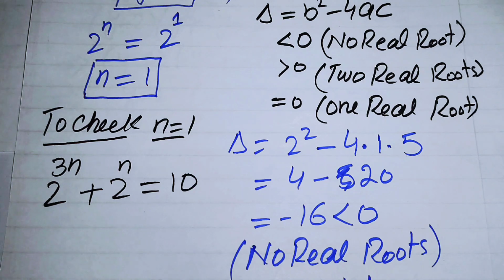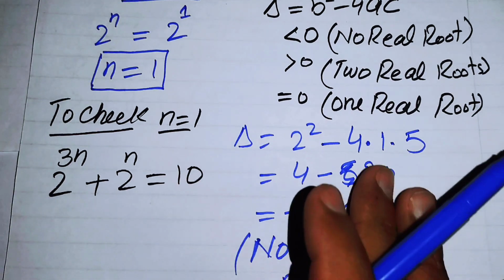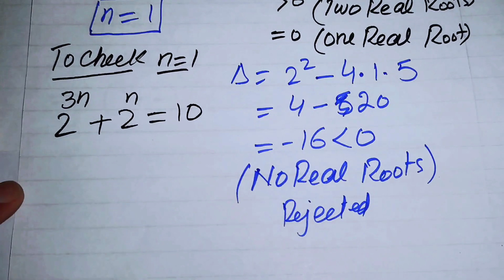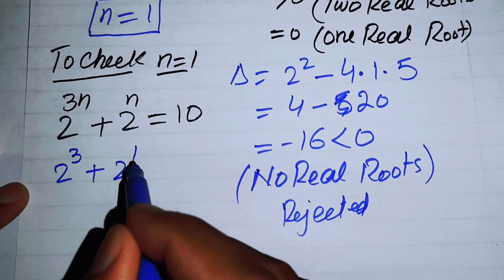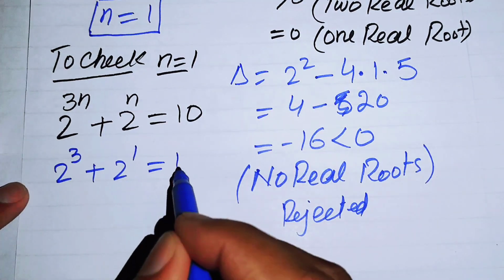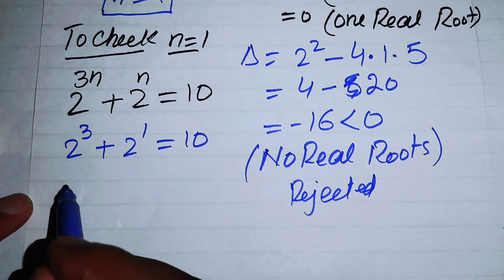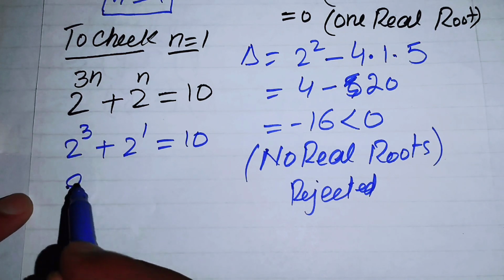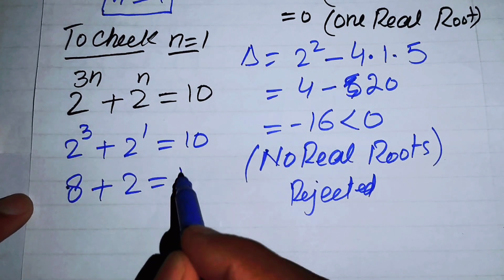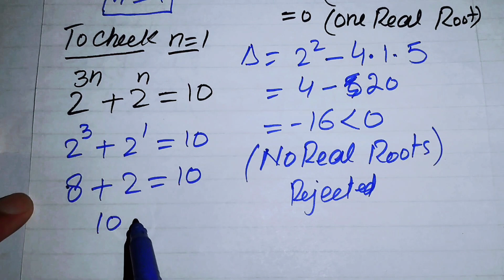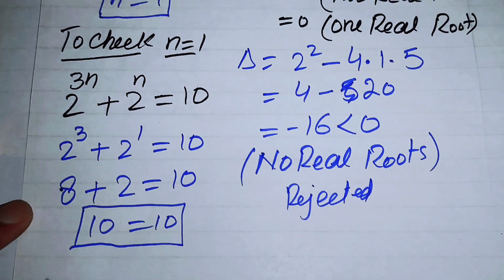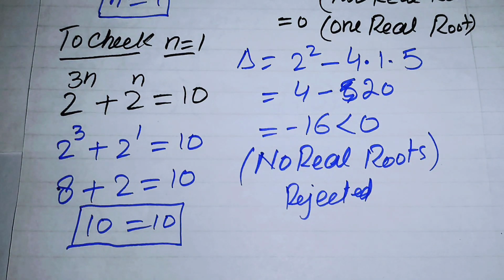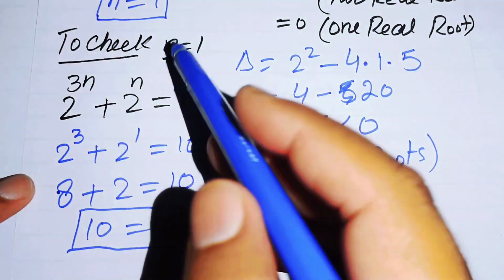Putting n is equal to 1, you get 2 to the power of 3 plus 2 to the power of 1, which is 8 plus 2 is equal to 10, and finally you get 10 is equal to 10. So this shows that n is equal to 1 is the only solution of the given equation, and this is our final value, n is equal to 1.